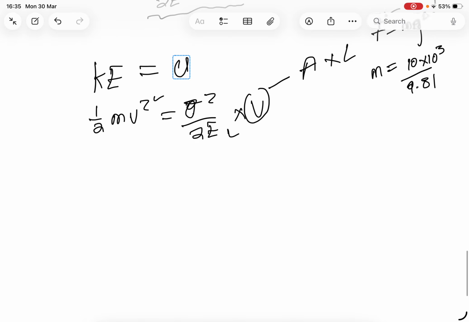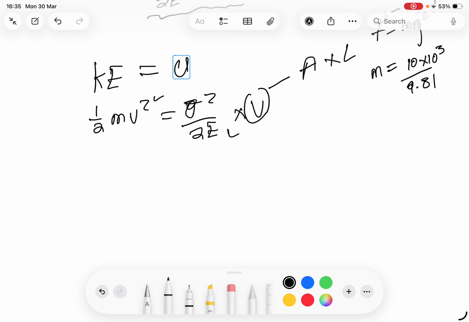So now I have all the information. I multiply both sides by 2, and the 2 cancels, leaving m.